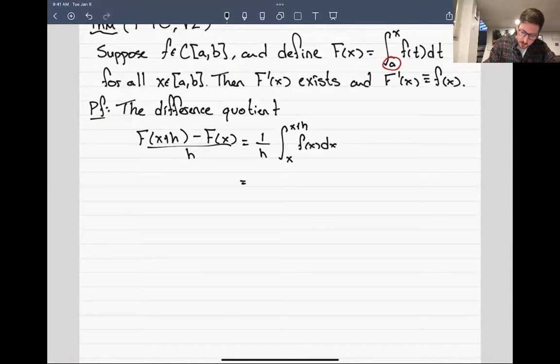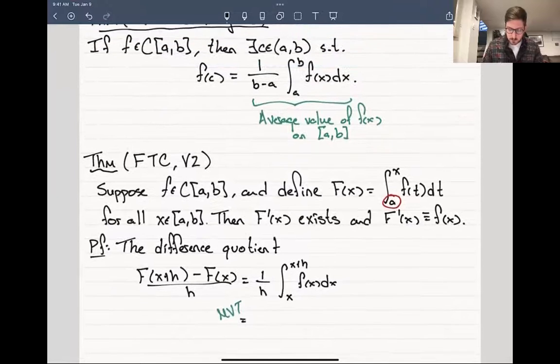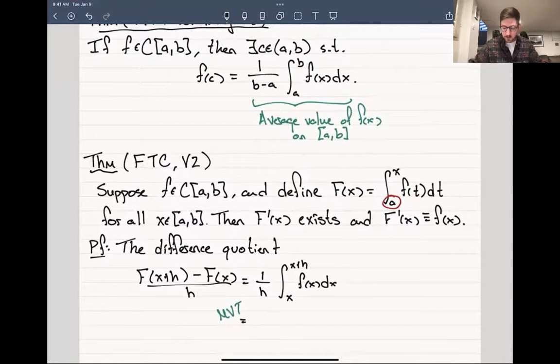And here's what I'm going to do. I'm going to use the mean value theorem for integrals here. So let's take a look at this. If I look back at the mean value theorem for integrals, my interval here is x to x plus h. Of course, my function is continuous by definition.